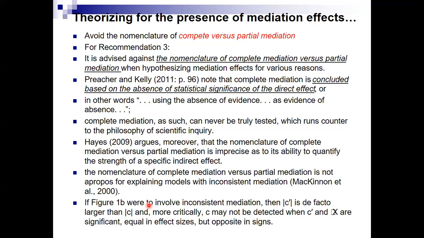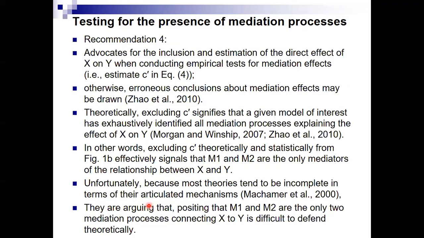So therefore, use some alternative vocabulary, like saying indirect effects or direct effects, etc. In recommendation number 4, we advocate for the inclusion and estimation of the direct effect of X on Y when you're conducting your empirical tests for mediation effects.